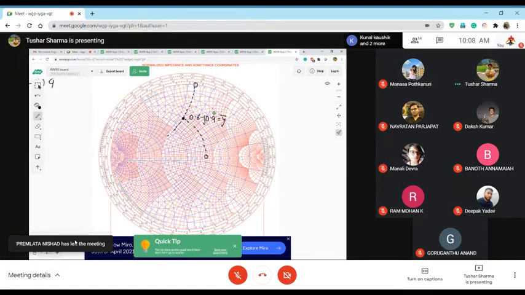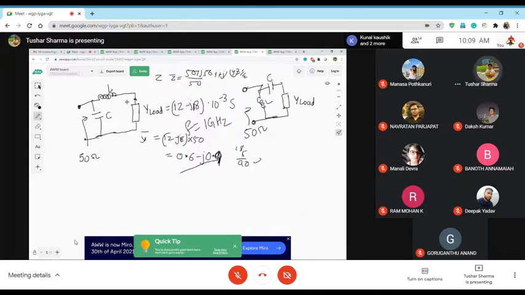Now let's go back. First case, right? First case क्या था कि we have a series C and a shunt L, right? If I go back here, we had two cases which either I can use this or I can use this.